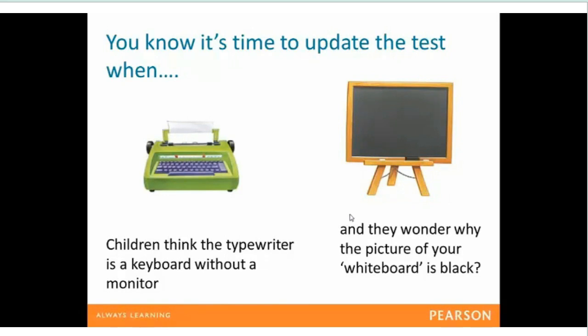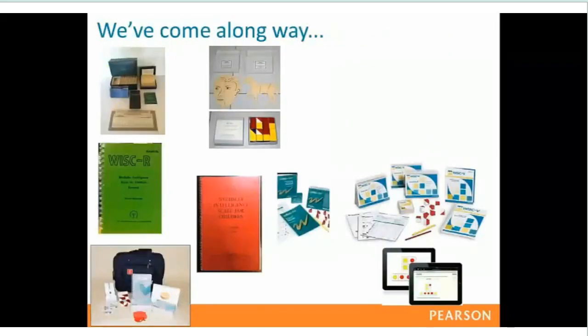And then we show them the picture of the blackboard, whereas now in schools they have interactive whiteboards as opposed to these blackboards. So some of our images and also the verbal test questions that we're asking are going a bit out of date. So we need to move along, and we have come a long way with the WISC.